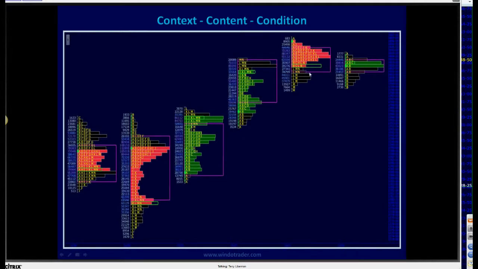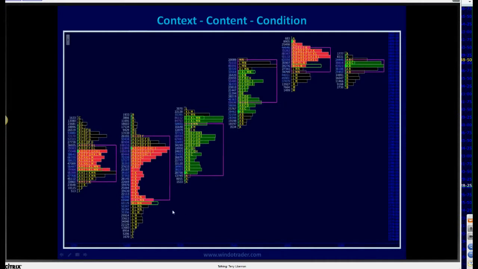And by looking at the different relationships of those value areas, we can again begin to determine what is the actual content within the context or even the condition of the market. Where we had the outside value here, we were looking for a directional move. And we got it right here where we started getting a little bit of overlapping value.